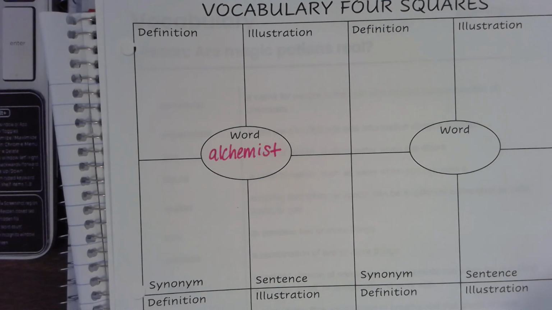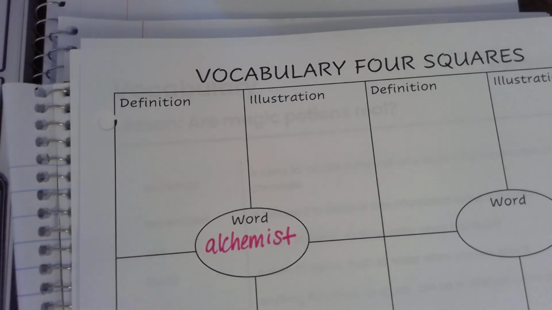Now, the first part of this, which is writing the word and then copying down the definition, is pretty simple. So here in this first box, we're going to take that definition straight from the page I gave you, and you're going to copy it down. If you're a person with messy handwriting or big handwriting, this is your moment to take a breath and squeeze it in.